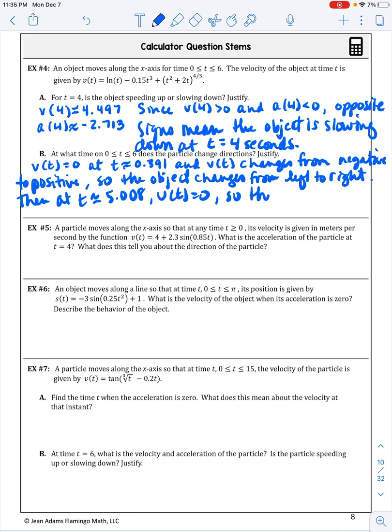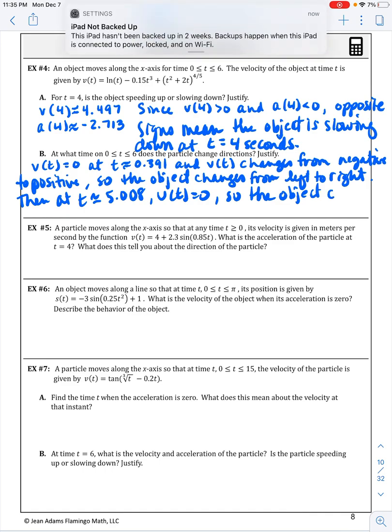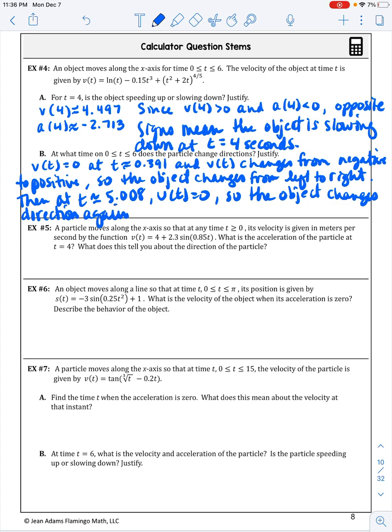So the object changes direction again, from right to left, because it's changing back from positive to negative. So that means that the object's direction is changing from right to left.